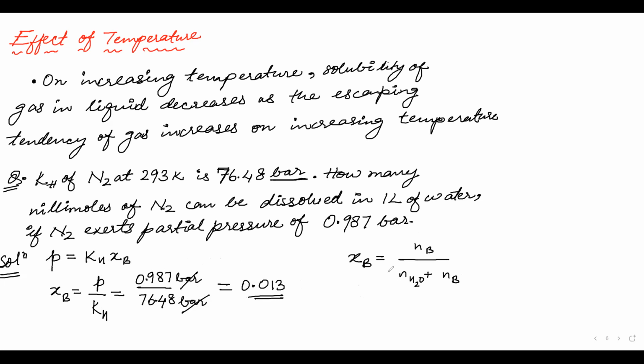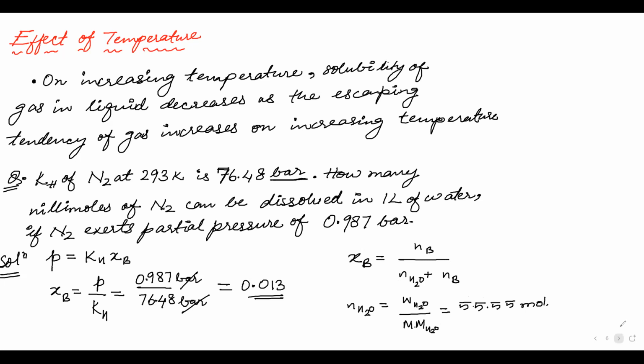Now, how to find the number of moles of H2O? We don't know it, hence I will write here: number of moles of H2O is equal to mass of H2O upon molar mass of H2O, which is 1000 by 18. Yes, correct. That will be 55.55 moles.